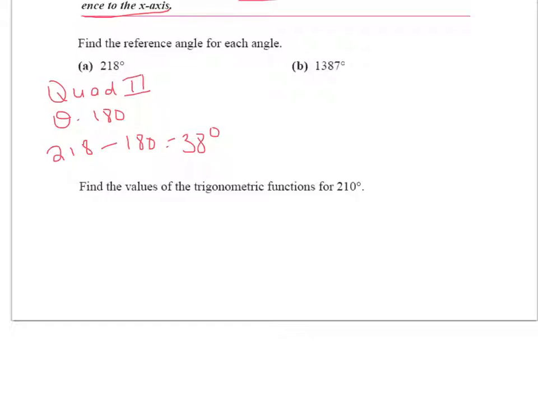Now let's look at B. B is 1,387 degrees. It's a big angle. And with big angles, you need to make sure that you find the coterminal angle first. So remember, how do you find that? That's 1,387 minus 3 times 360.